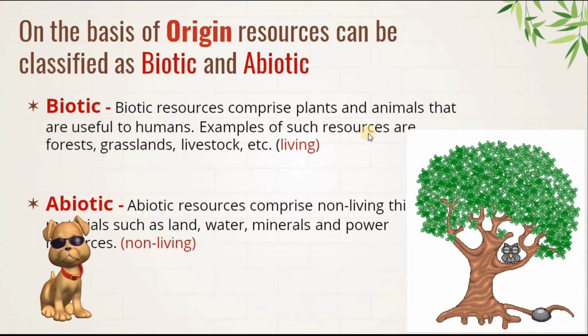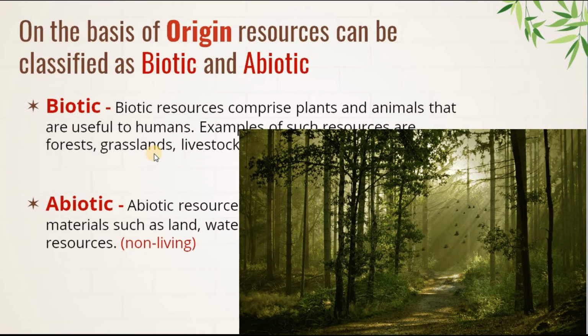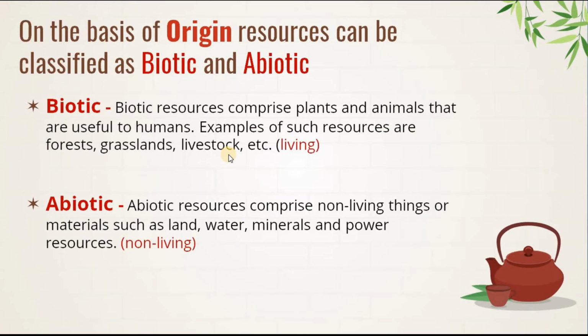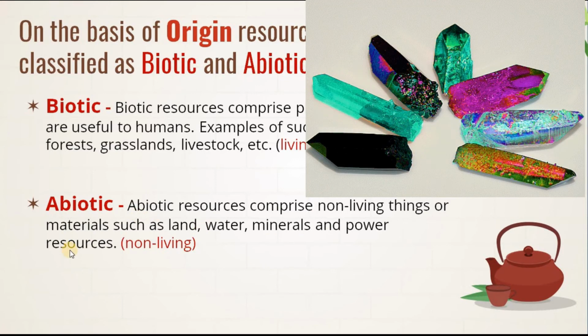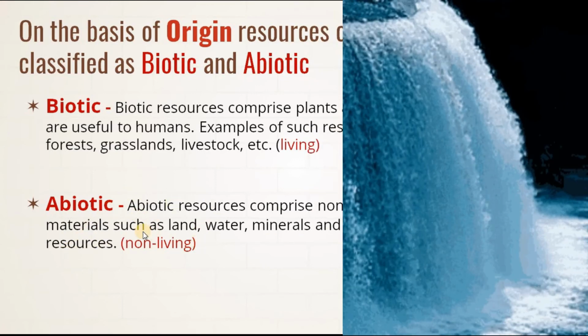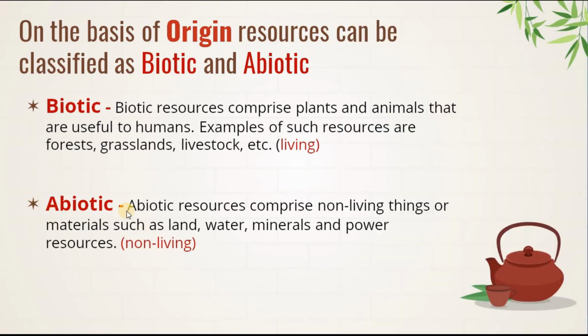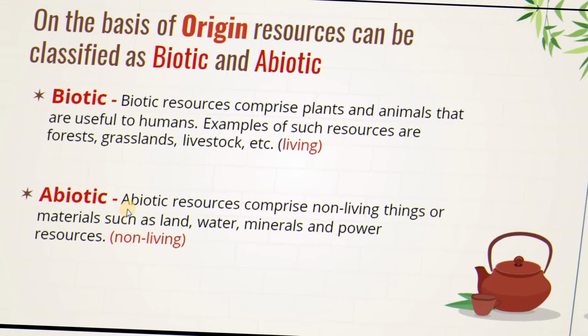Examples of such resources are forests, grasslands, livestock, etc. Living resources are known as biotic resources. Abiotic resources are non-living, like the materials which we use, water, minerals, power resources. All these are known as abiotic resources. I hope it's clear what you mean by biotic resources and abiotic resources.